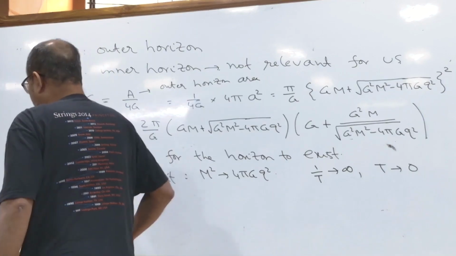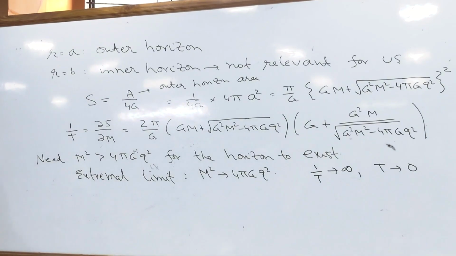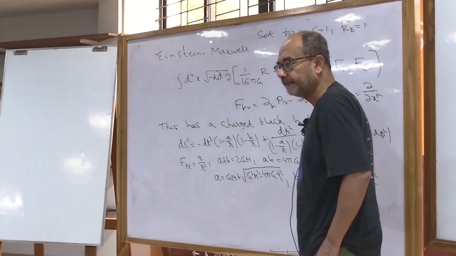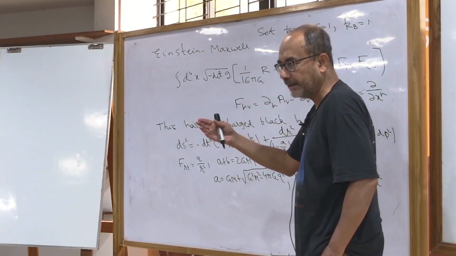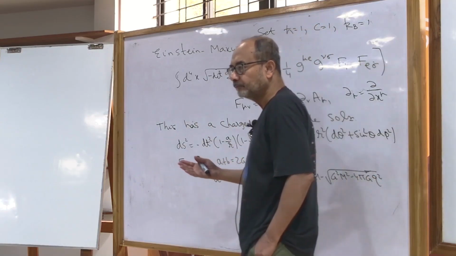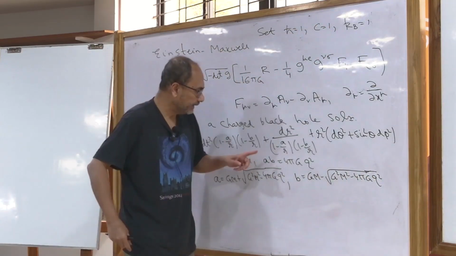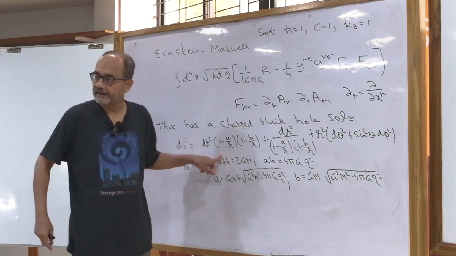Extremal limit, okay. So I said that if you look at the formula for a and b, this is under the square root. If this number becomes negative, then a and b become complex numbers. So there is really no horizon in real space. As a function of r, you don't have the horizon. See, horizon is when this quantity is 0.